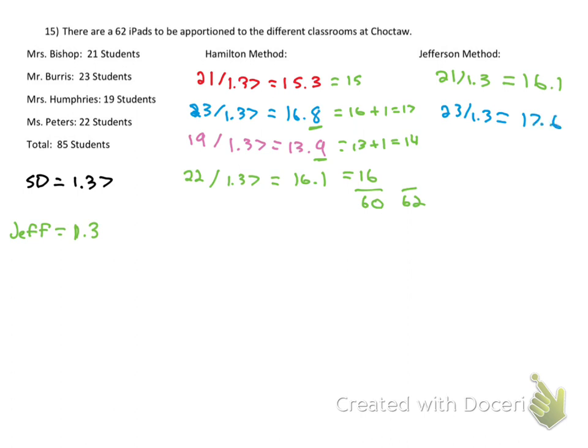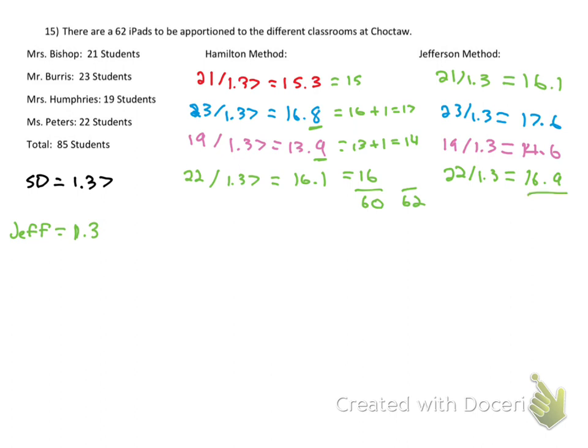Humphreys, 19 divided by 1.3 gives us 14.6. And then Peters, we got 22 divided by 1.3, 16.9.